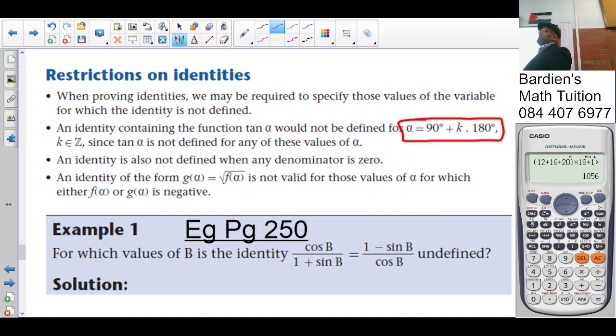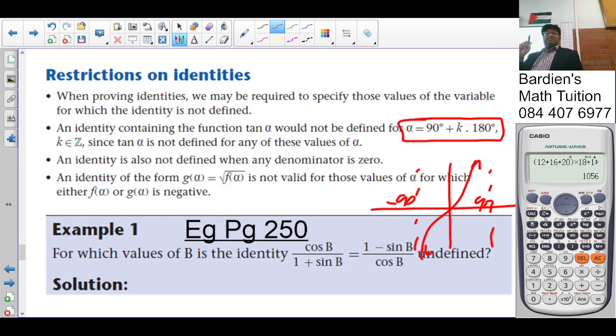So on your tan graph, that is basically your asymptotes. Can you see that? So whenever you see tan of theta or alpha or beta, there is an automatic restriction on the equation. Why?